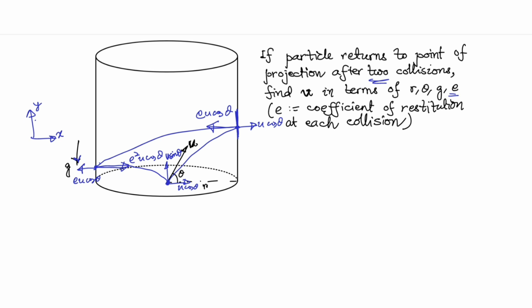So it will change due to gravity but not due to collision. When we are analyzing the motion along the y-axis, we can assume that the collision is practically not happening.